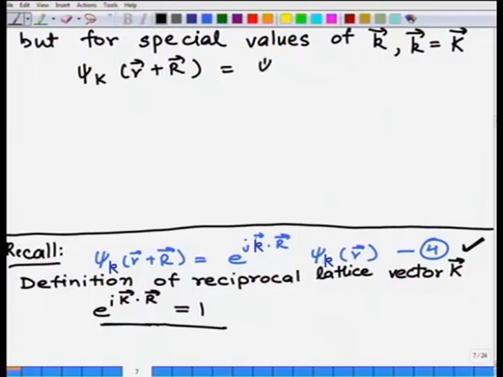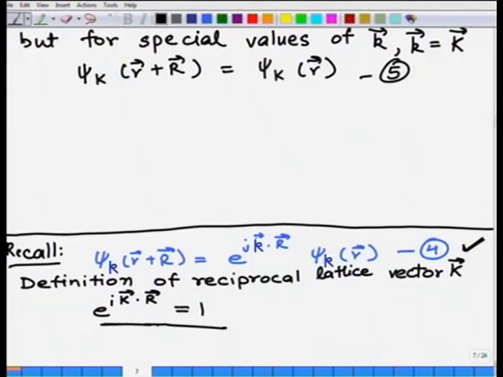That is how it was chosen. Now, you can see why I chose it that way. In that case, phi of capital K at r plus R would be equal to phi of capital K at r, since that is equal to 1. So, at small k becoming capital K, the wave function in one cell versus another cell would be identical. All right, that is an important result.